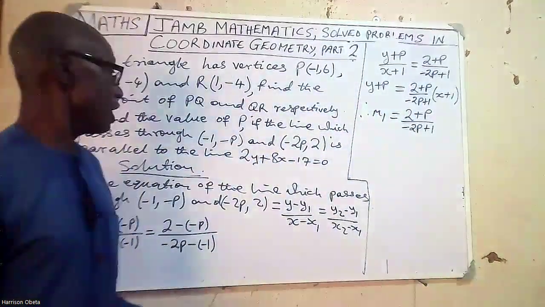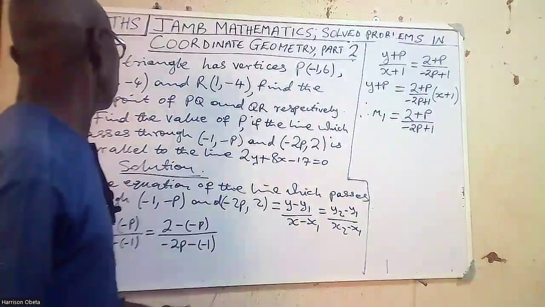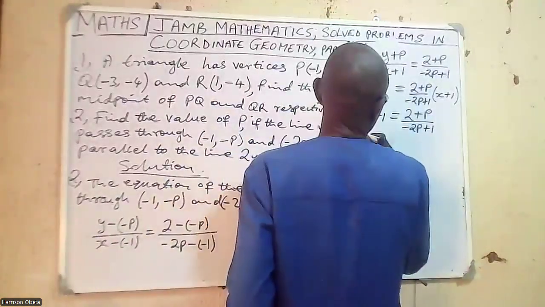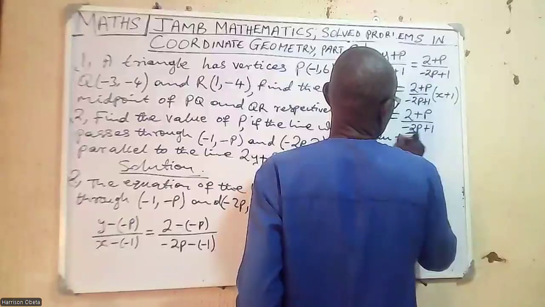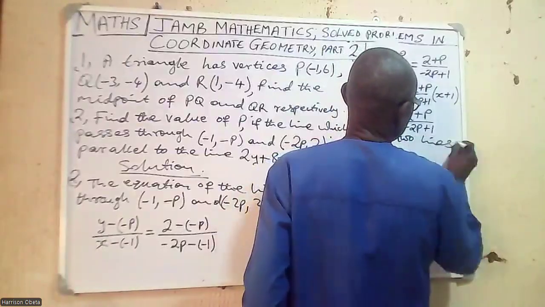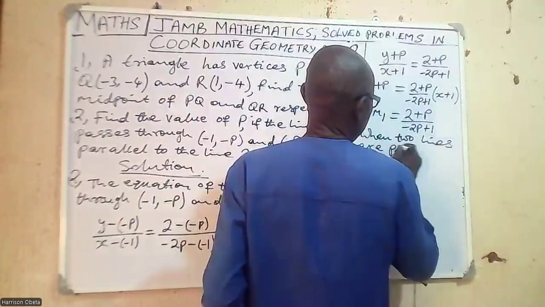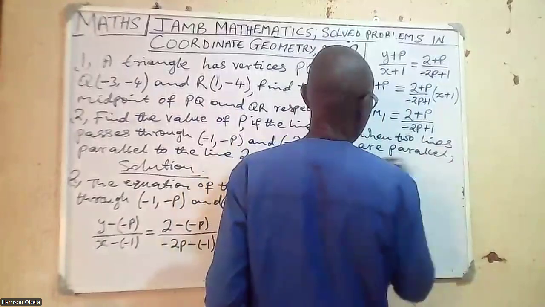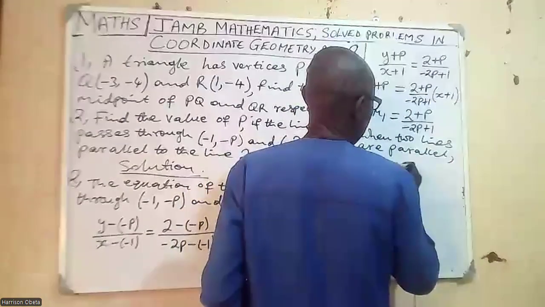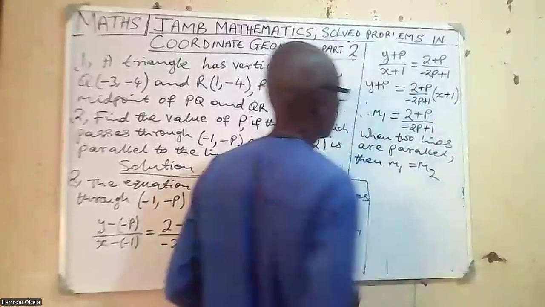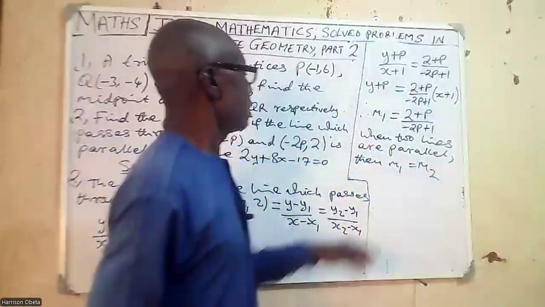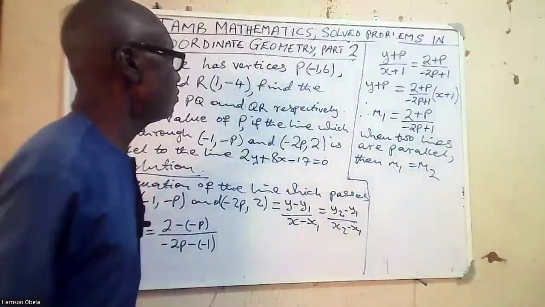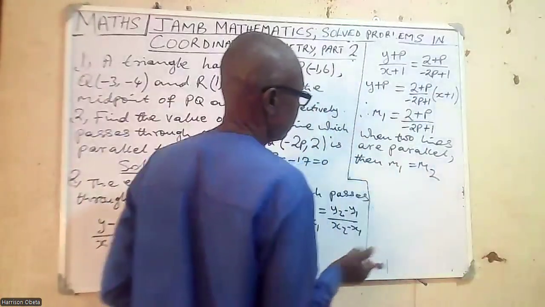And we know that if two lines are parallel, then the gradients are equal. So m1 equals m2, that is, this will be equal to the gradient of the second line. So we have gotten our m1.